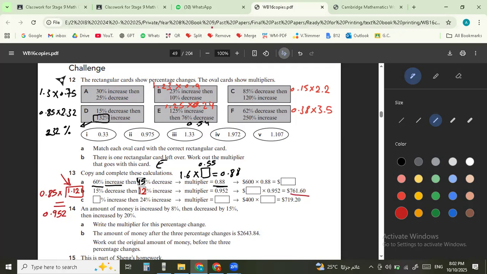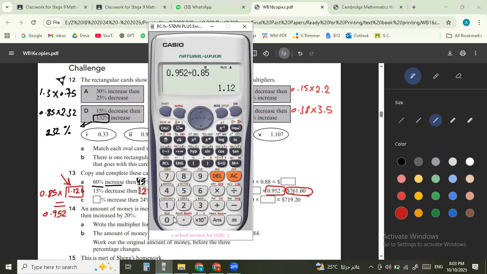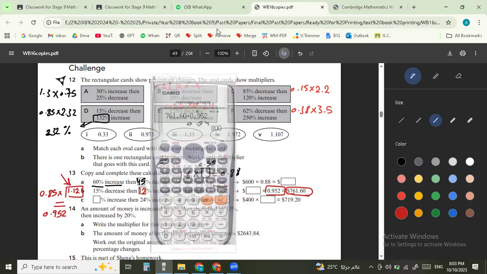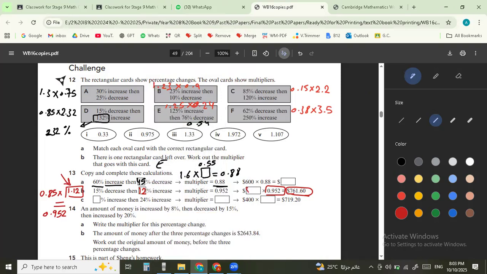That's very easy. I'm going to take this and divide it by this, and it will give me the missing number. So 761.60 divided by 0.952 equals 800.